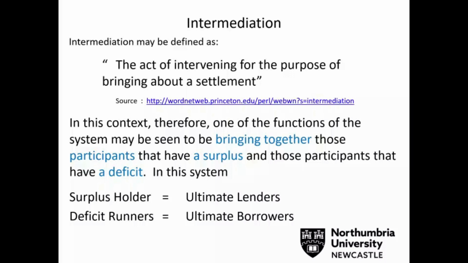So you've settled the money between the ultimate lender and the ultimate borrower. Or you can look at it another way, the fact that the intermediary has brought together the person that has the money to the person that needs the money. So any kind of definition along those lines will suit what an intermediary does. They get the money from where it is to where it's needed to allocate resources efficiently.